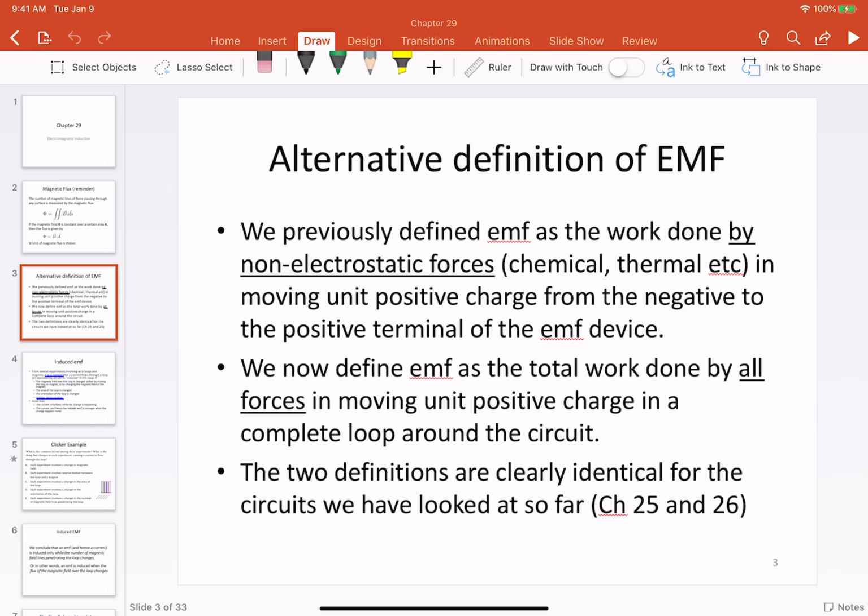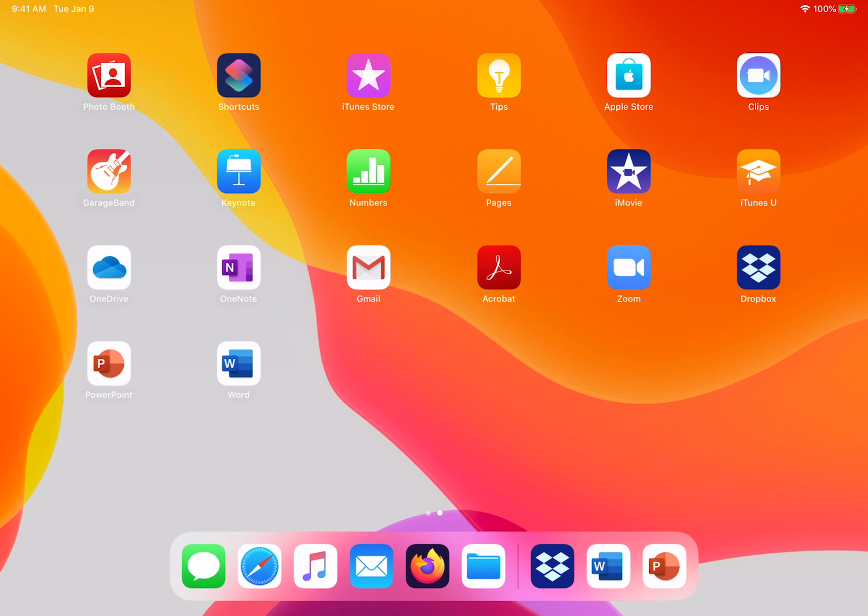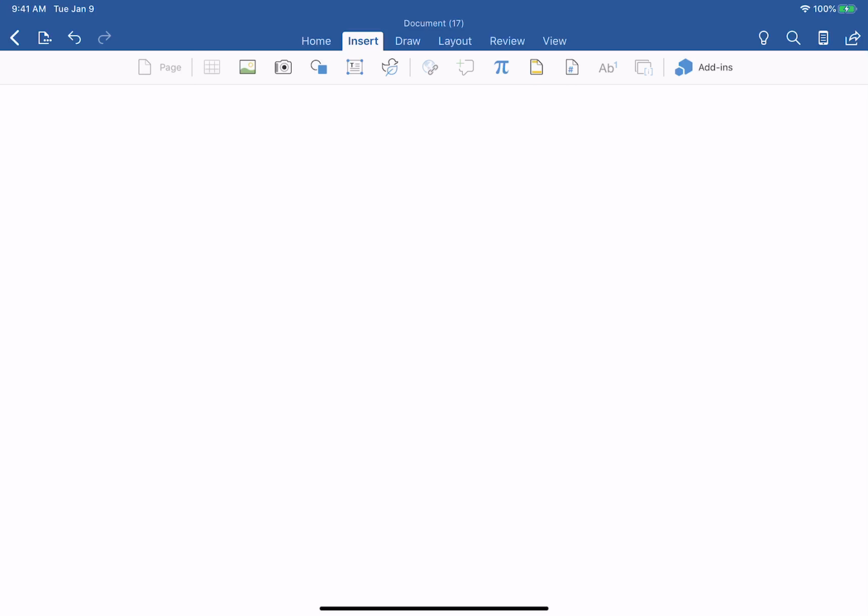They could be electric, magnetic, any kind of force in the circuit, in moving a unit positive charge in a complete loop around the circuit. Okay, so let's see what this definition is. And also, I'm going to show you now that these two definitions are identical. So let's just go to the Word document.